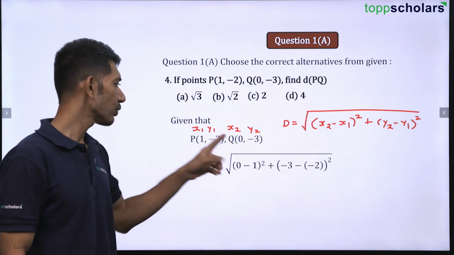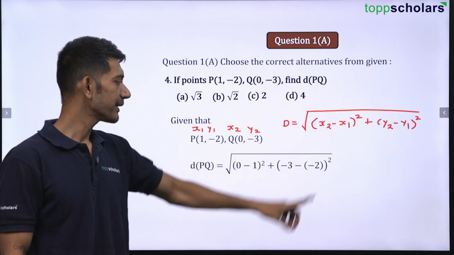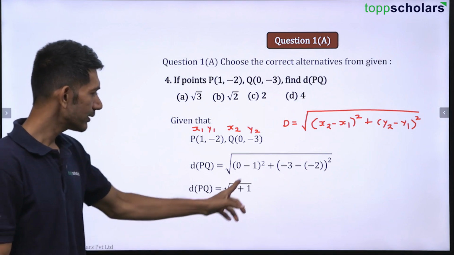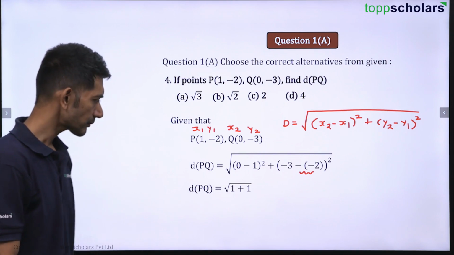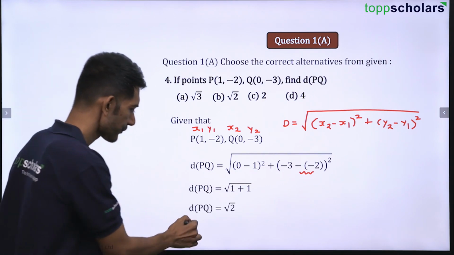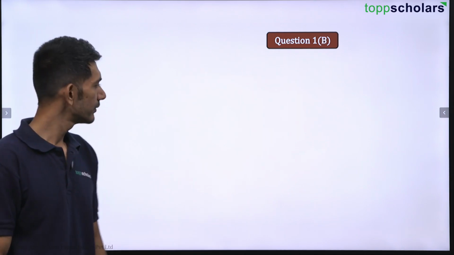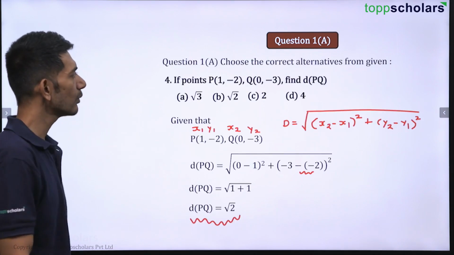So (0 minus 1) the whole square plus (-3 minus -2) the whole square. That is equal to (-1) square, which is 1, and this becomes plus, right? That is again 1. So distance PQ is under root 2. Correct? Okay. So we are done with question number 1A.